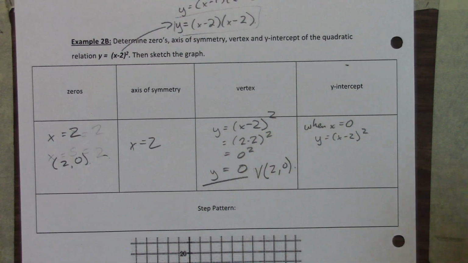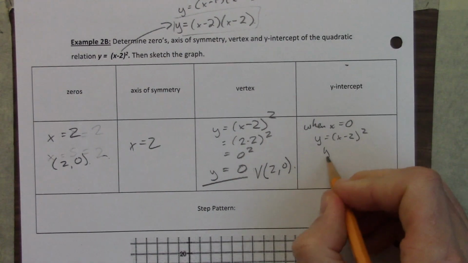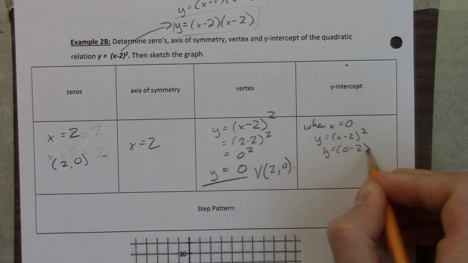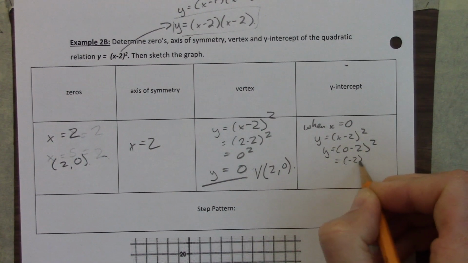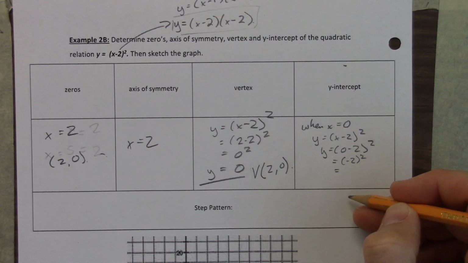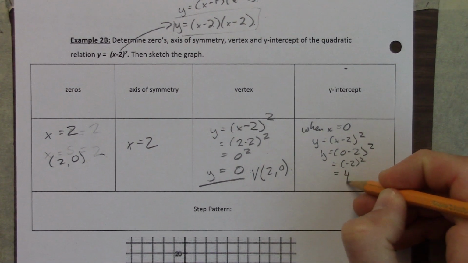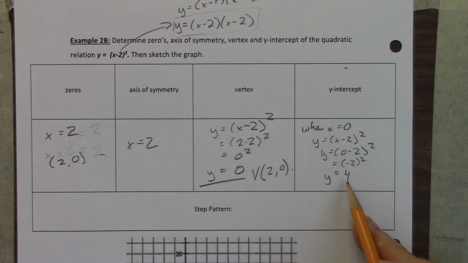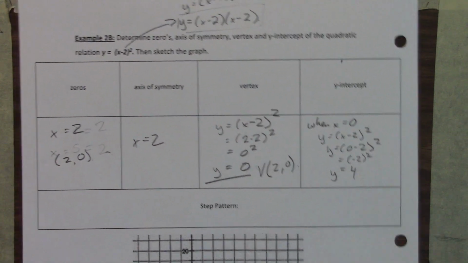Yeah, so what's x? 0. Right, so I get, what's negative 2 squared, Teodi? Yeah. So my y-intercept is 4.